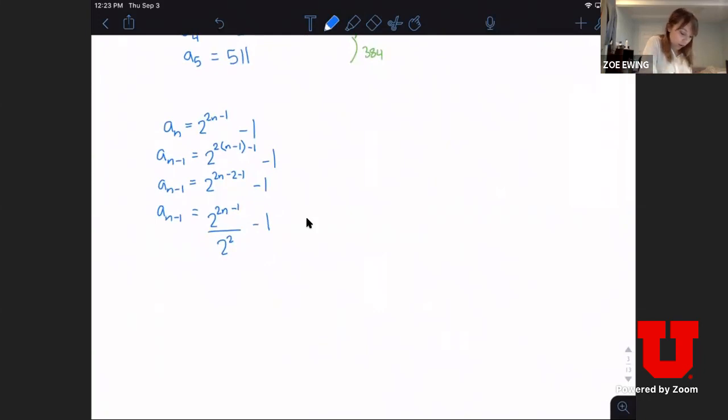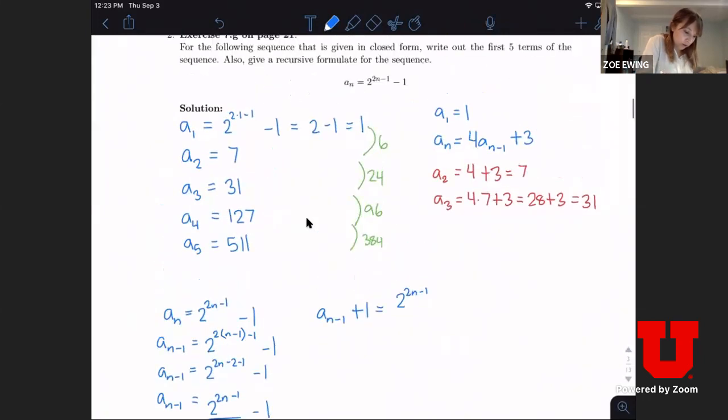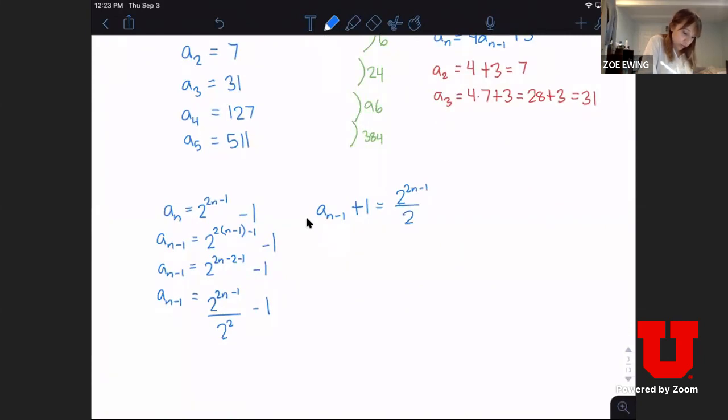Oh, add the 1 first. That's what I'm missing. a_{n-1} plus 1 equals 2 to the 2n minus 1 over 2 squared, which is going to be 4a_{n-1} plus 1 equals 2 to the 2n minus 1. So 4a_{n-1}.